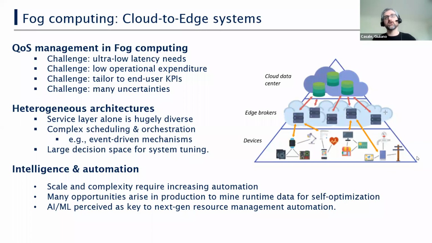Your fog infrastructure typically consists of a cloud data center backend, edge devices in the physical environment, and brokers that connect these backends to the devices, and therefore that can help in managing data and services closer to the edge, and therefore with lower latency than if you would be doing this straight away from the cloud backend.